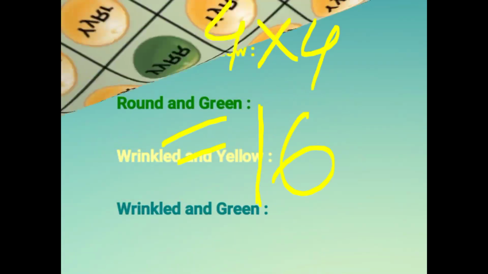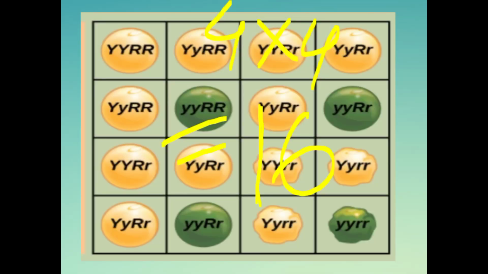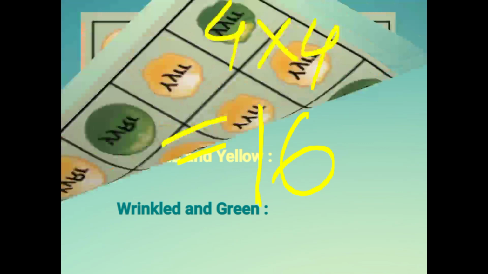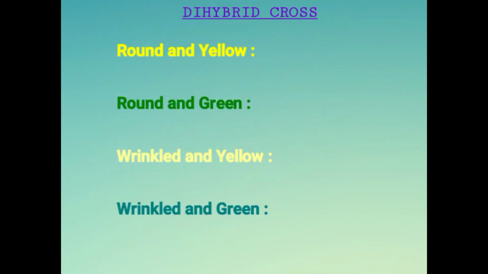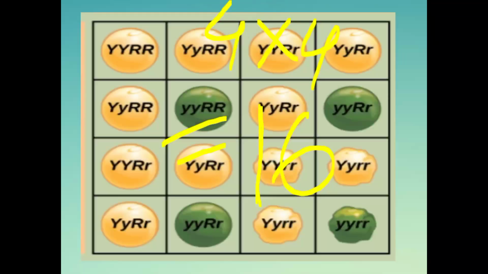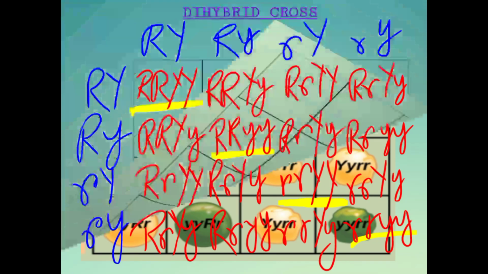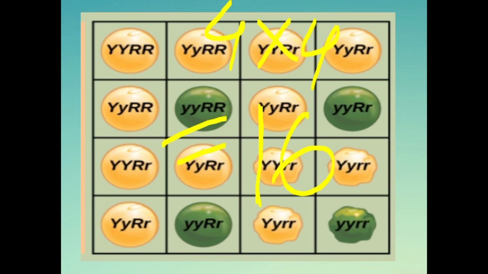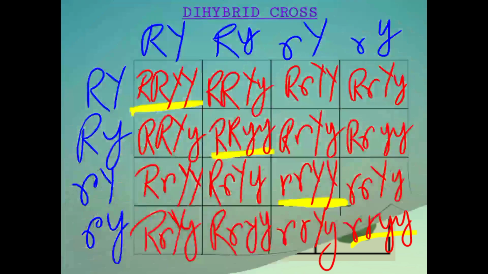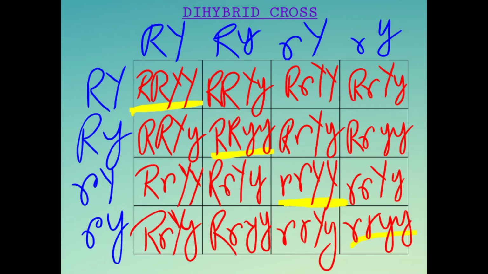Now out of the 16, how many are round and yellow, how many are round and green, how many are wrinkled and yellow, and how many are wrinkled and green? We'll find out by just counting it. You need not draw this all in the exam, just from here you need to get the whole idea.